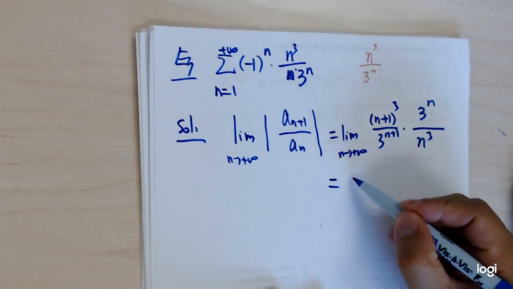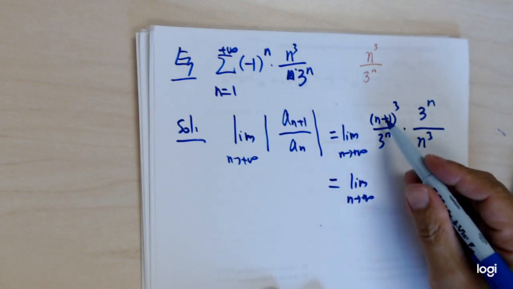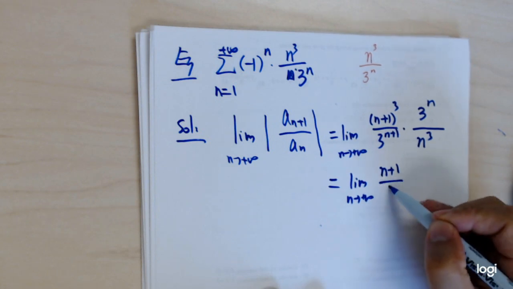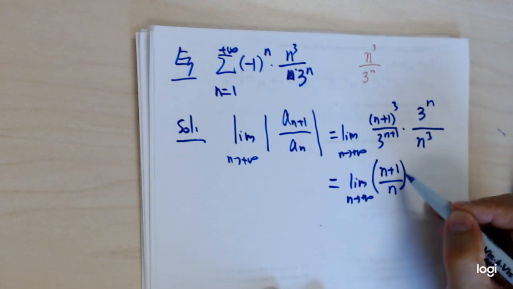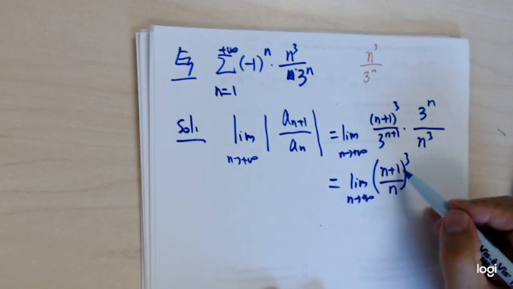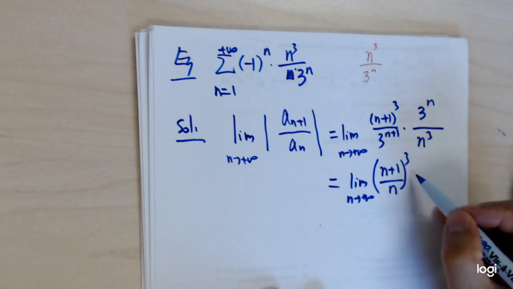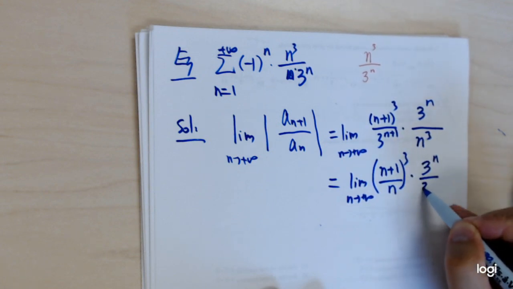So here's what I do. I'm going to piece those two together, put n plus 1 over n, and there's a power of 3, so I can put that on the outside. So that's n plus 1 cubed, and the bottom is n cubed. And we rearrange the order and put those two terms together.